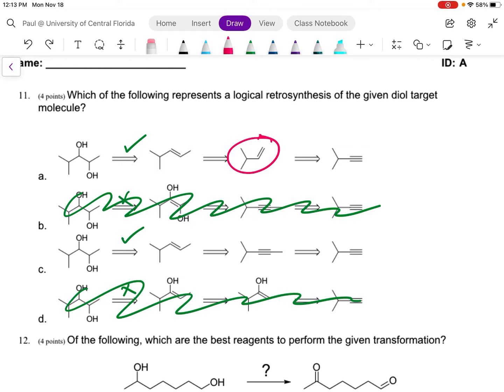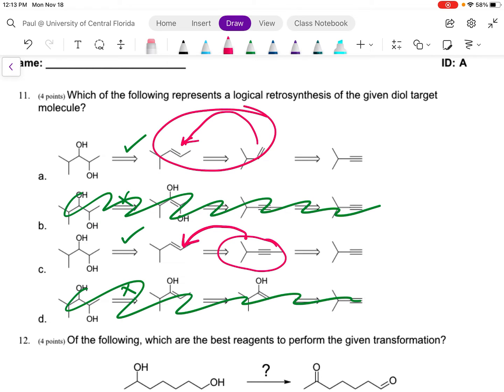Okay. And so what we see going on here is that we have an alkene tacking on an extra carbon versus a triple bond giving us the trans alkene. And so that answer choice C, we know how to do that transformation in one step.